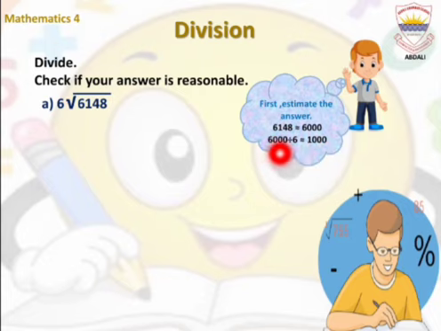Now student, what do we do now? We find our estimated answer by dividing 6000 by 6. When we divide 6000 by 6, we get our estimated answer, that is 1000.